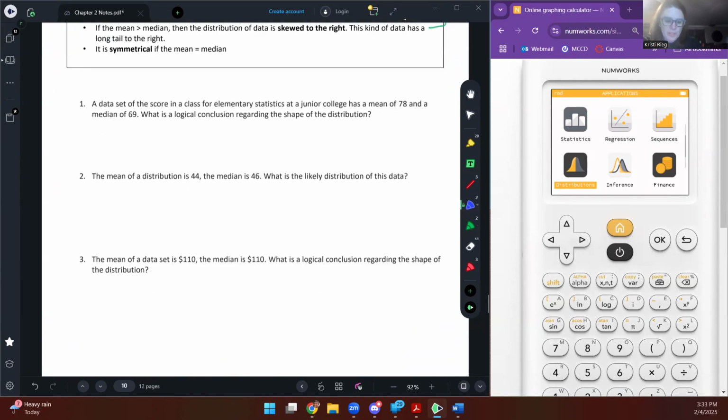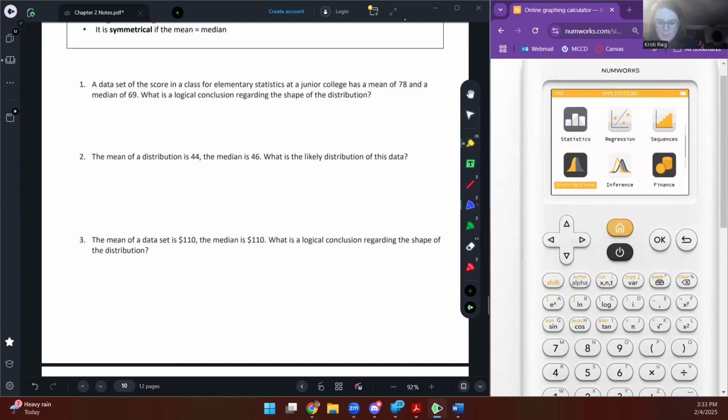Looking at the first three examples, at the beginning it says the mean is 78 and the median is 69. I'm going to write those in number order: 69 comes first, and then 78. 78 is the mean, 69 is the median. The mean is on the right, so this is skewed right.